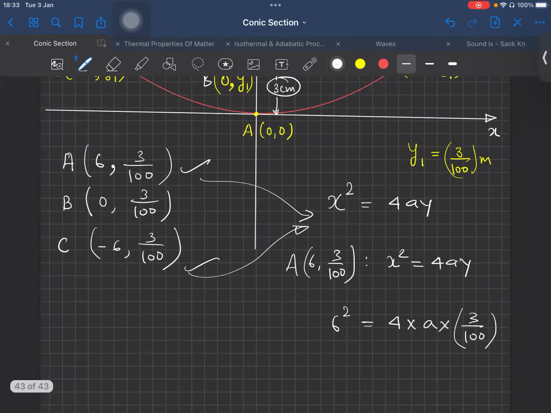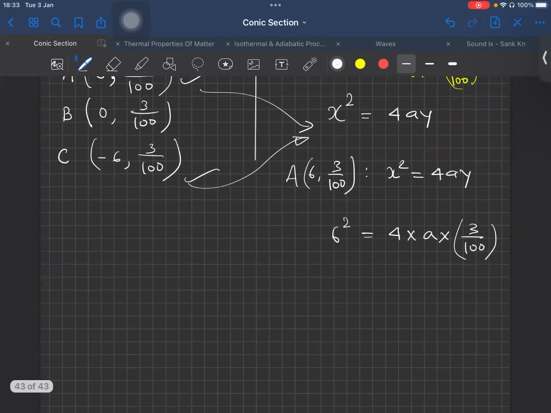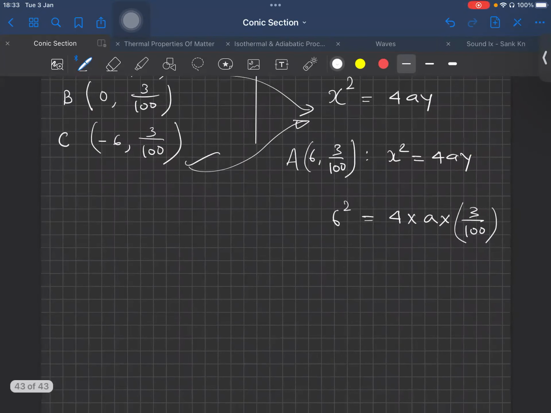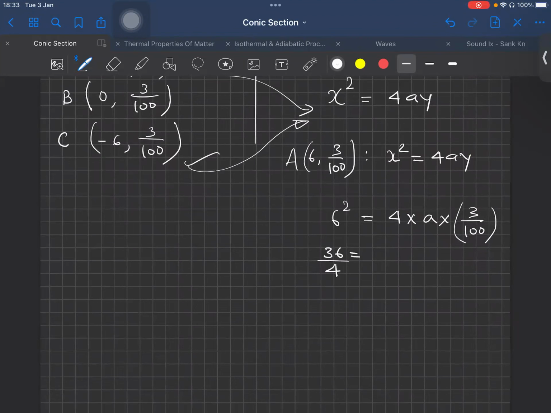So 36 is equal to 4 into a into 3 upon 100, so a is equal to 36 upon 4 into 100 upon 3. Is that correct? Yes. So this will be 25, this will be 12. So a is equal to how much? 300.